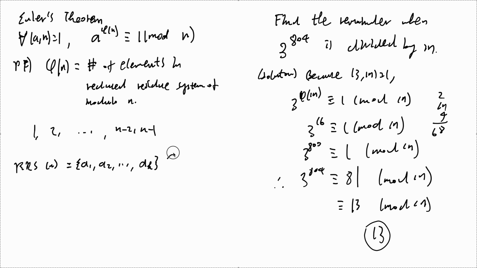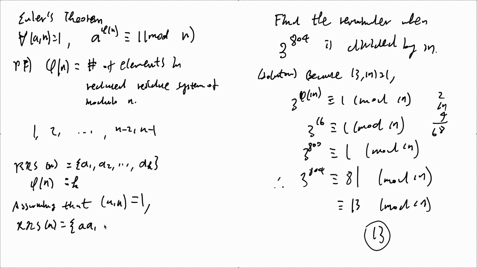Now, let's say that there are k terms. Then we know that this is equal to k, simply. Now, because this is the reduced residue system, assuming that a and n are co-prime to each other, we can rewrite this by multiplying it.